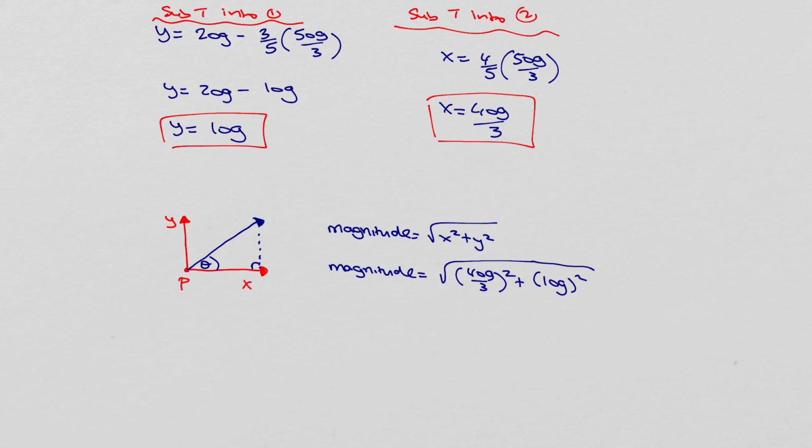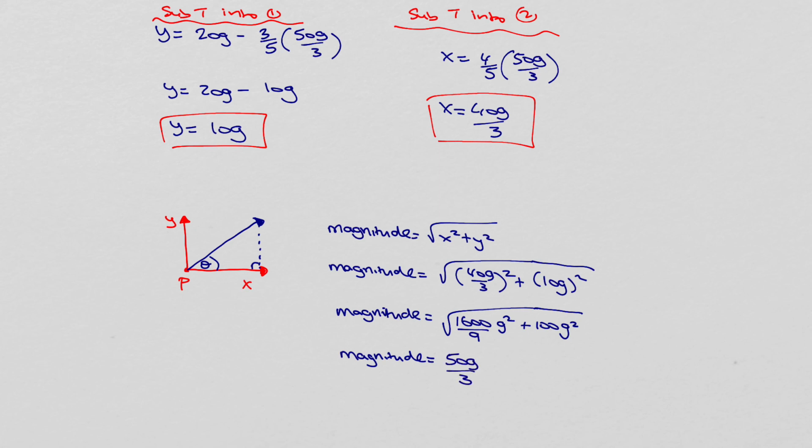So if I simplify that, I end up with the square root of 1600 over 9 g squared plus 100 g squared. And then simplifying that gives me 50g over 3. So that's my magnitude.